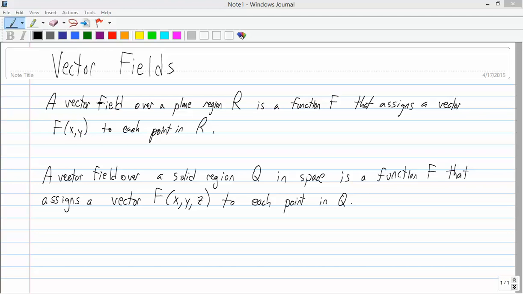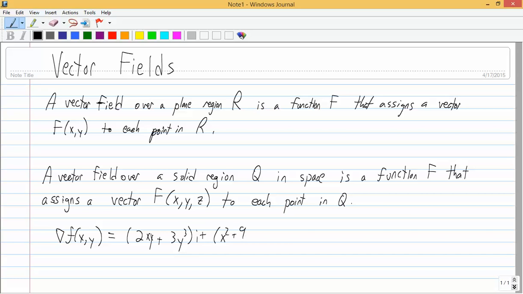One example of a vector field that uses this, that we've covered, would be a gradient. So in 2 dimensions, like the gradient of f of x, y, we've gone over all kinds of gradients. I'm just going to throw one out there. Something like this: 2xy plus 3y cubed i plus x squared plus 9xy squared j.